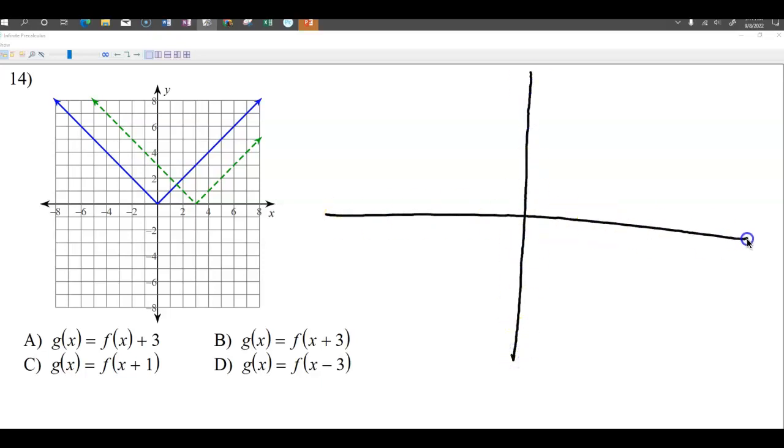I'm going to draw this. Let's say that this is my function of f. You have to put this on a piece of paper and turn it into me.